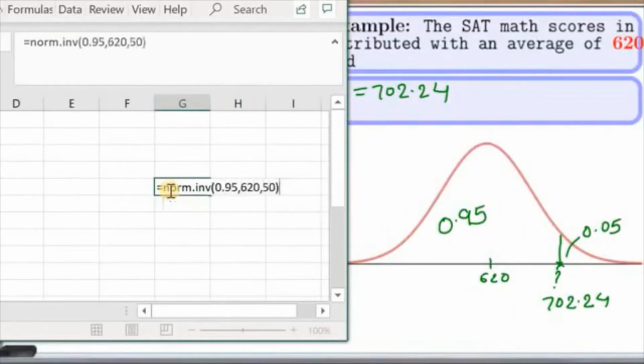Then close your parentheses, then hit enter. So this is what I got using Excel, and this is exactly the same as what we got using the calculator also.